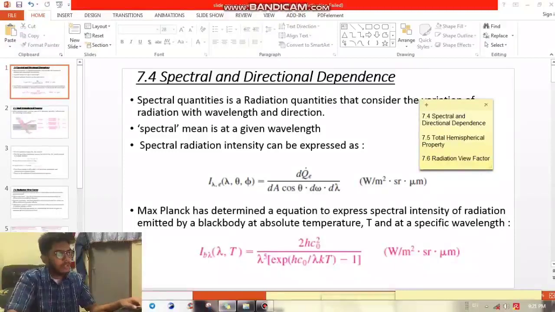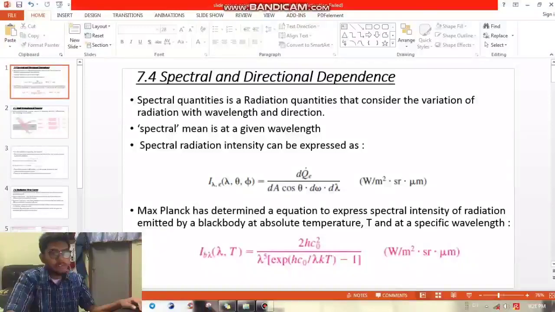Okay, first I will explain spectral and directional dependency. A spectral quantity is a radiation quantity that considers the variation of radiation with wavelength and direction. The word spectral means at a given wavelength.